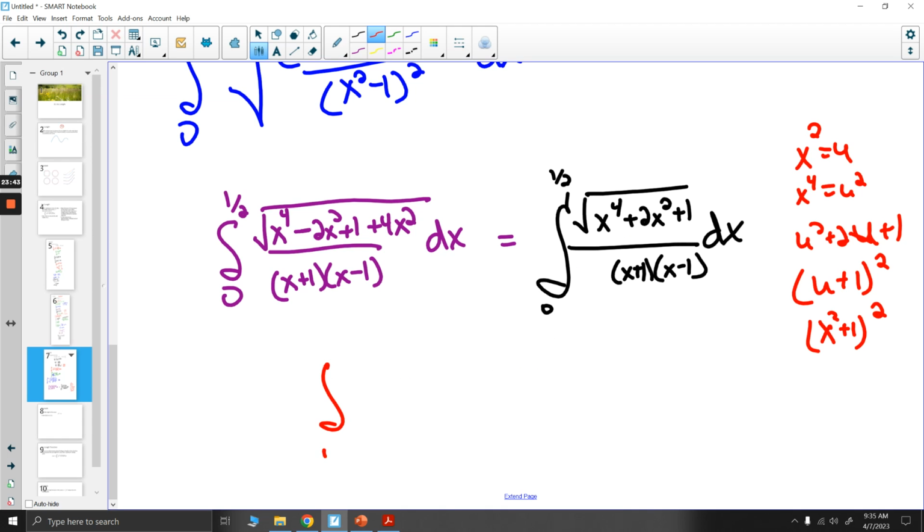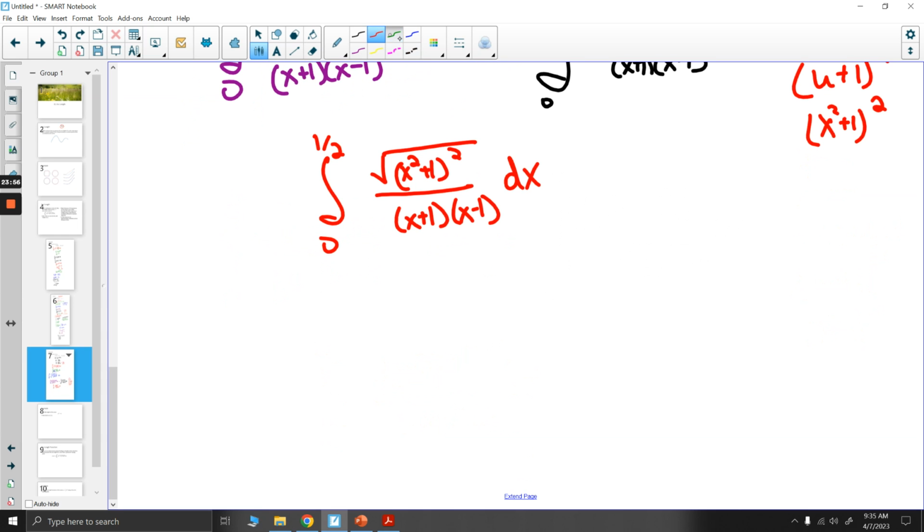So integral from 0 to 1/2 of the square root of x squared plus 1 squared over our x plus 1, x minus 1 dx will give us the square root canceling the square. And then we have an x squared plus 1. Now this thing can't factor with anything. That's too bad.